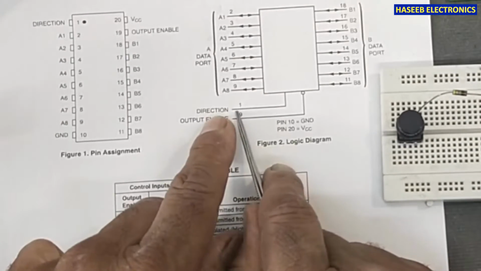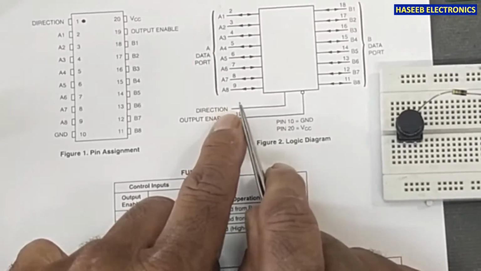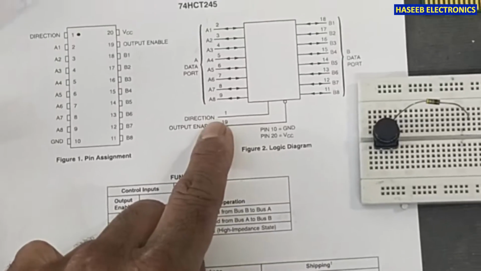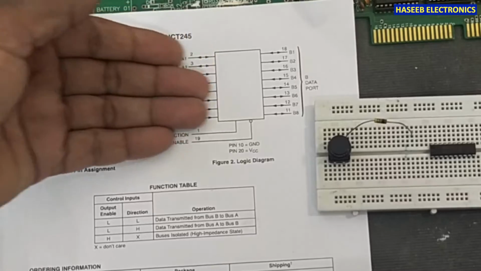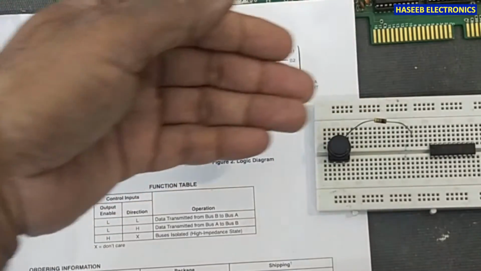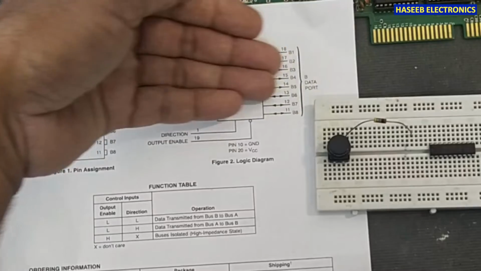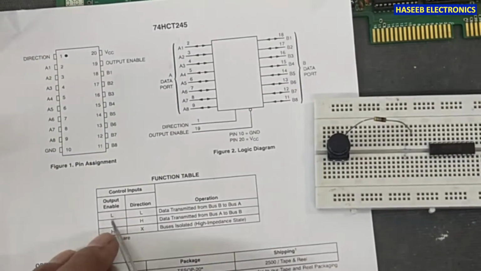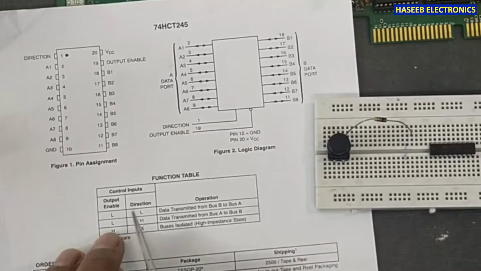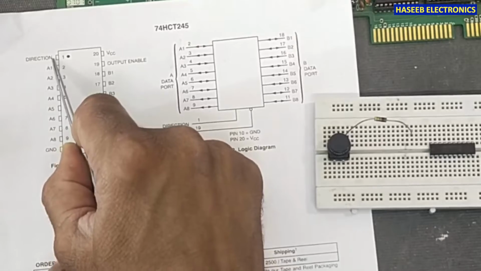And this other pin is the direction pin. If it is high, it will give data from one side to the second side, and when it is low, it will receive data from this side to this side. Here is the truth table, function table: output enable, that is pin number 19, and the direction, that is pin number 1.